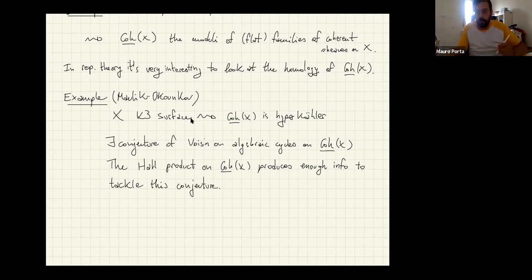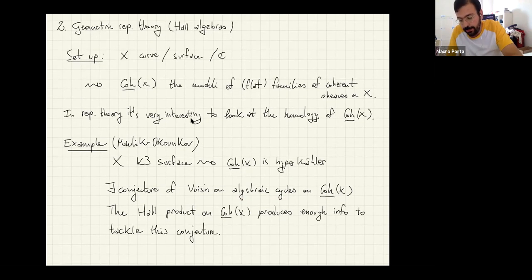I won't go into the details, but imagine that this conjecture is saying something about a cycle map being injective. The cycle map compares the cohomology of this stack against the Borel-Moore homology of its analytification. And the conjecture says that this map is injective, at least on a large class of subrings.